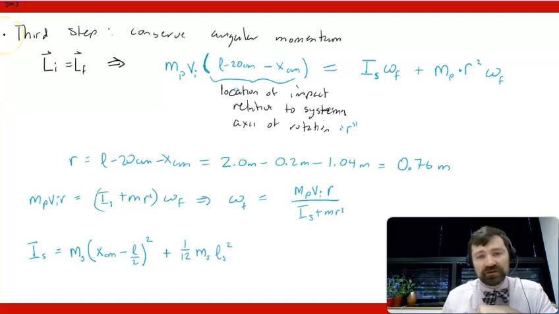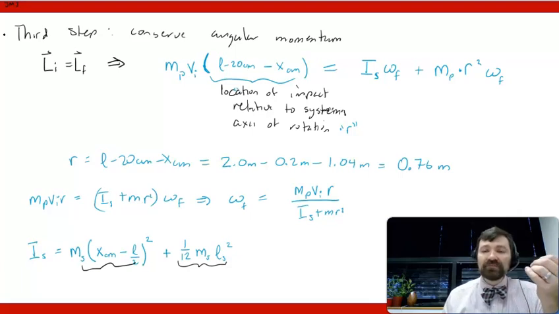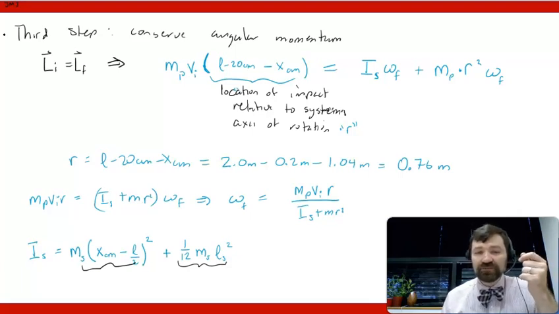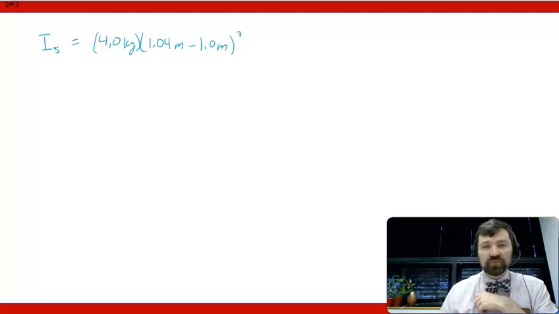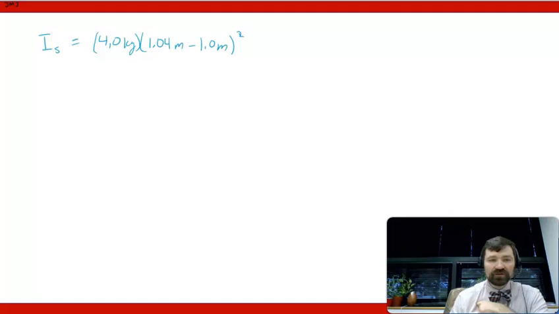Basically what's going on here is that this right here would be the moment of inertia of just a thin rod with an axis through its actual center, and this is the formula that we add to that because the axis of rotation is not through the exact center. With numbers in, that means that the moment of inertia for the stick ends up being 4.0 kilograms times 1.04 meters minus 1.0 meters squared. That was the first term here.